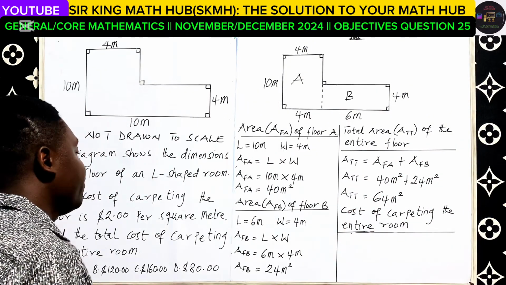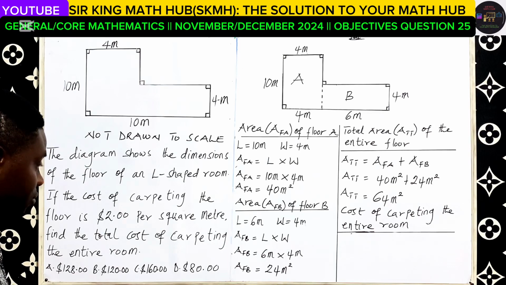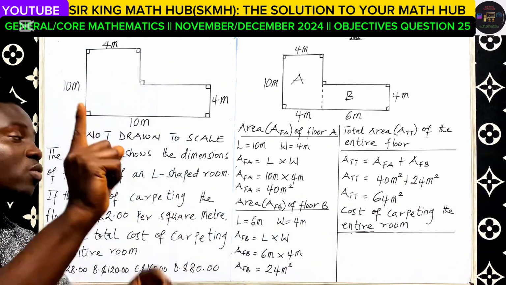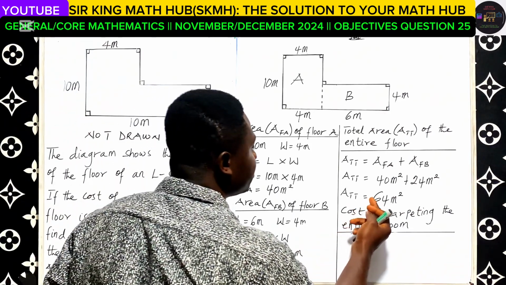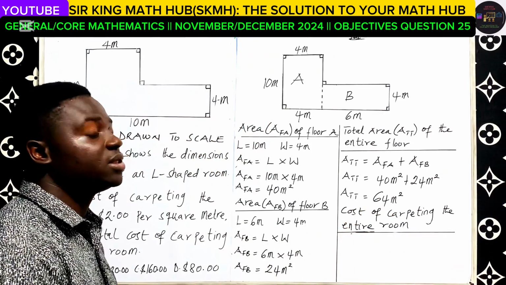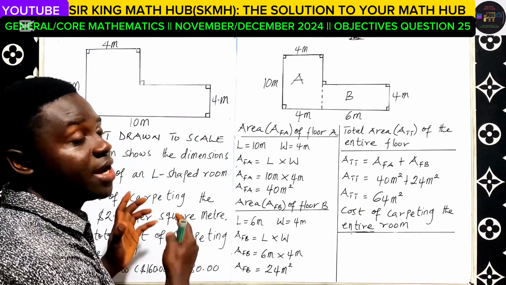We know that for every 1 square meter, it comes at a cost of $2. This time we have 64 meters squared as the area of the entire room.